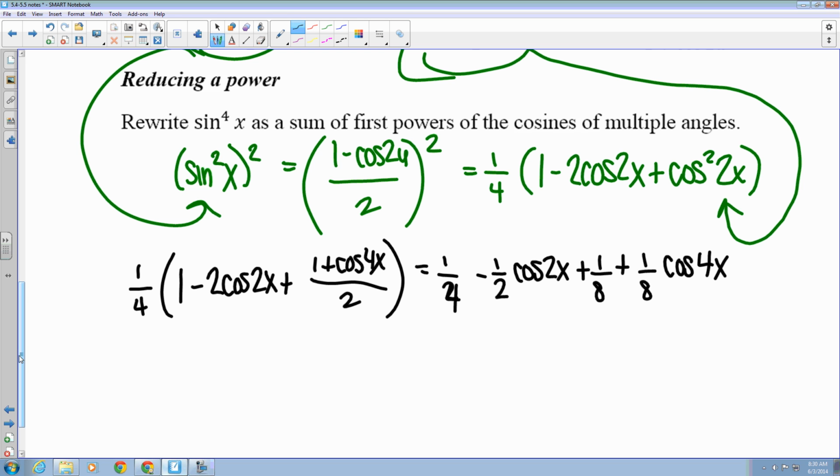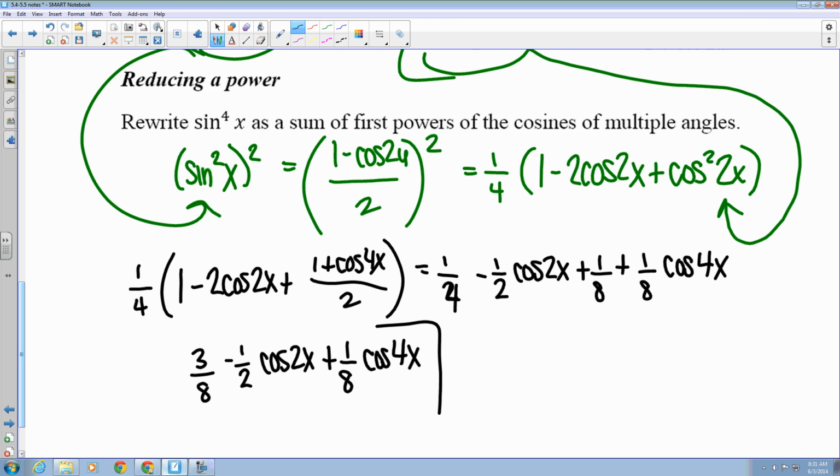Combine any like terms that I have. The 1/4 plus the 1/8 turns into 3/8, minus 1/2 cosine 2x, plus 1/8 cosine 4x. I would leave it right like that, now that I got rid of all my powers and combined all my like terms.